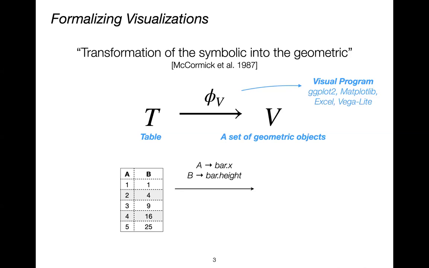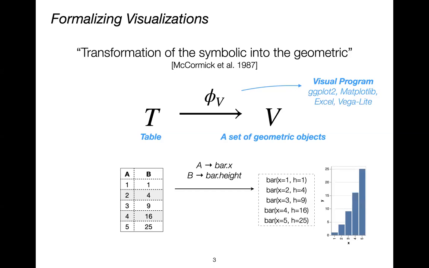For example, we can map column A to the x positions of the bars, and column B to the heights of the bars. Then we get a set of geometric objects, where each row corresponds to a bar. This creates a data visualization once rendered with a visualization engine. There are different ways to present it, but what this visualization presents is just a set of bars. So this is how data visualization is defined, and this is how we implement it.